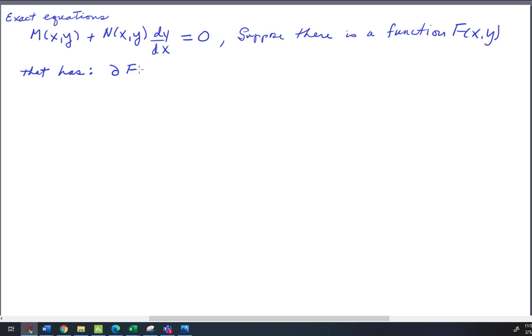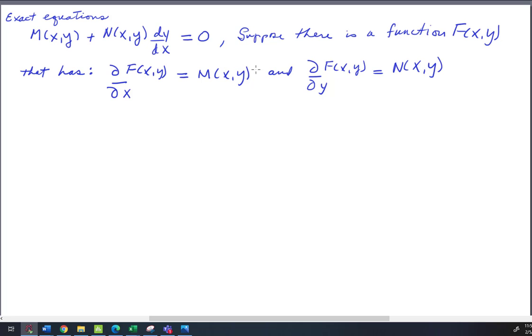The partial of f of x, y with respect to x is equal to m of x, y, and the partial of f x, y with respect to y is equal to n of x, y. Now this is m of x y and n of x y from right up here.